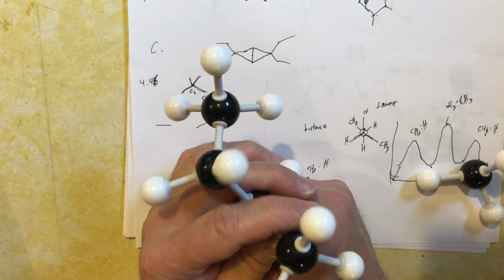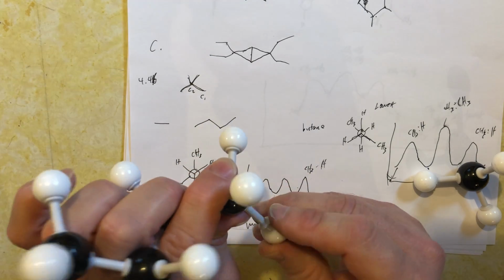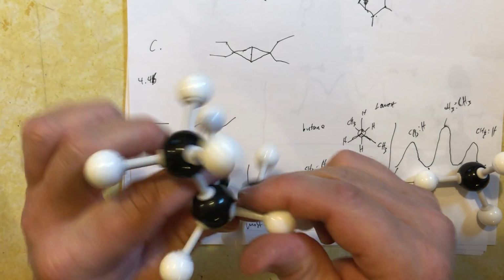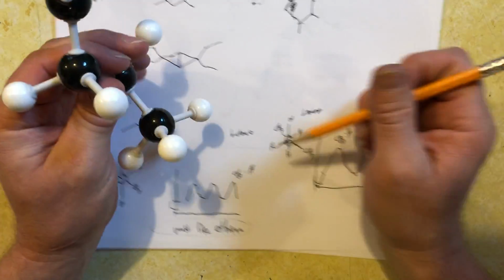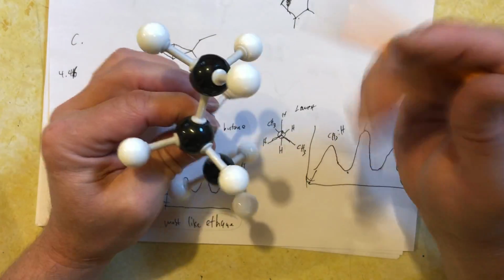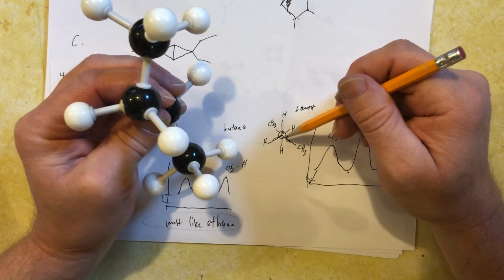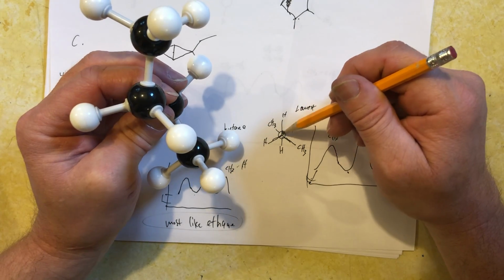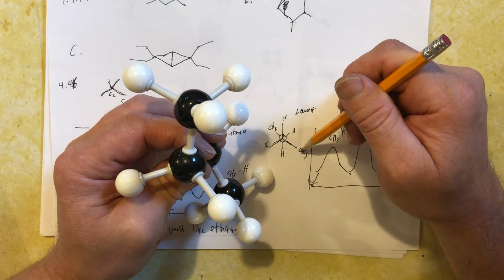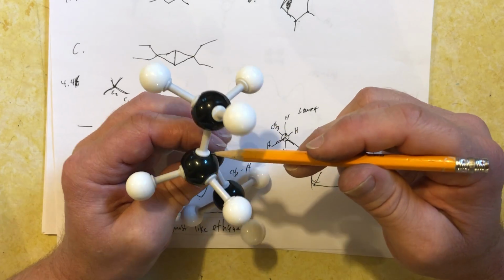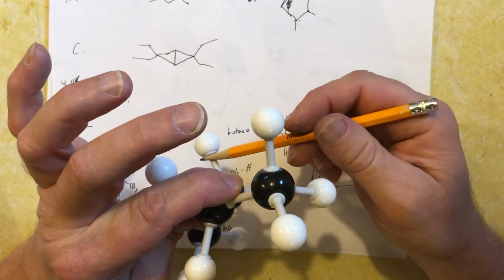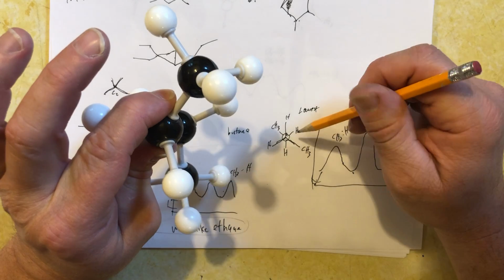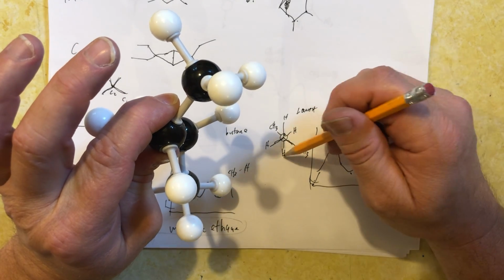There we go. Now, here's what we've got. Let's call this my front carbon. So that's not the one with the circle. So I've got a hydrogen, and a methyl group. Hydrogen, hydrogen, methyl. And on the back, I've got hydrogen, hydrogen, methyl.